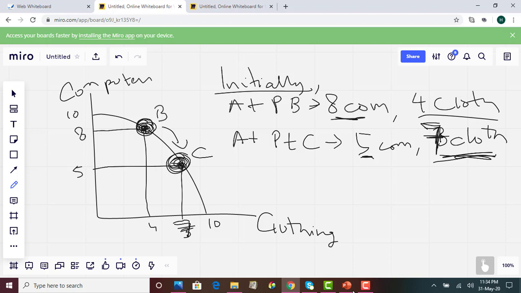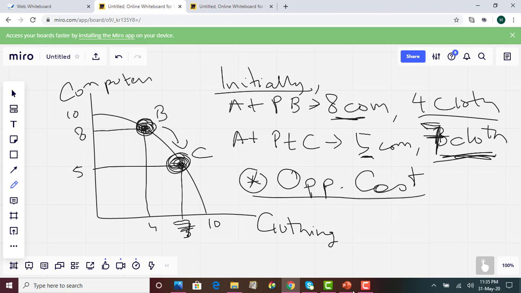Okay, so that's one thing. Now the second thing is we can also calculate opportunity cost. Remember, we talked about this in the first class, and we can do it from this diagram. So my question can be, if I'm moving from point B to point C, what is my opportunity cost?